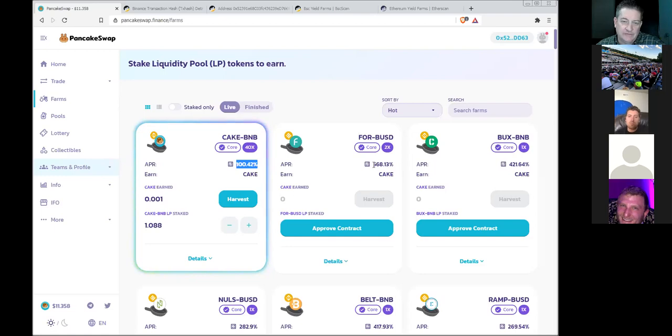Mm-hmm. So this is completely different than Coinbase, and I forget which other coins you were involved in there. But overall, what this is for, in my mind, is if you have crypto and you want to earn some interest or equivalent to interest, and put your crypto to work, this is a way to do it without having to trade.